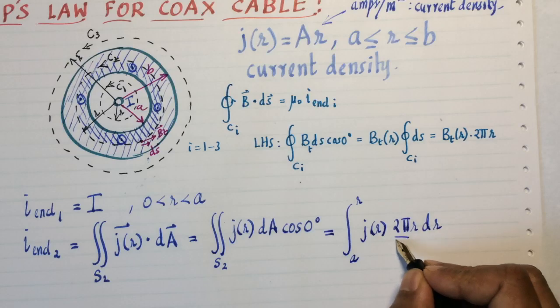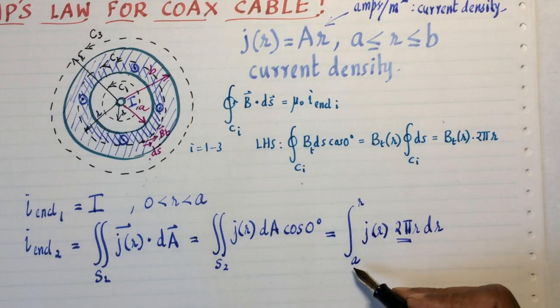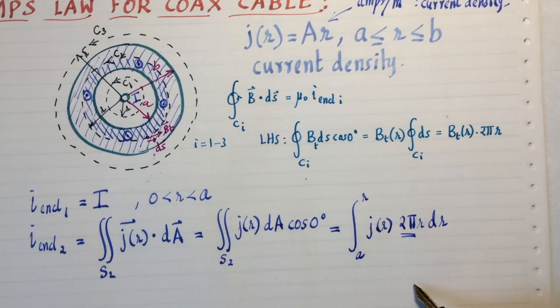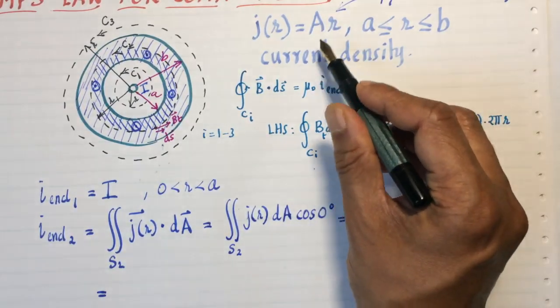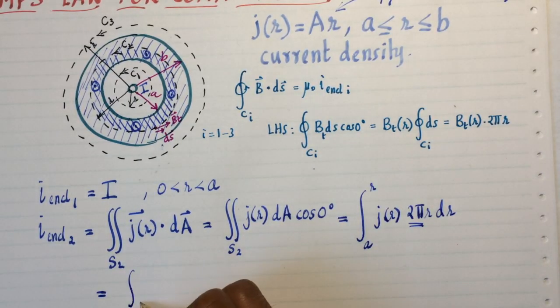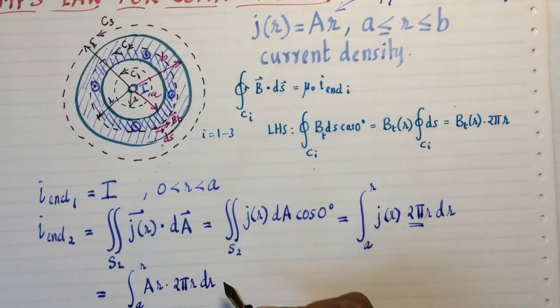In writing 2 pi, I am doing the theta integral already. So now I'm just left with the r integral. So now it's just a calculus exercise. Let's put J of R, which I've given you, to be A times R. So it's the integral from A to R of A times R times 2 pi r dr.